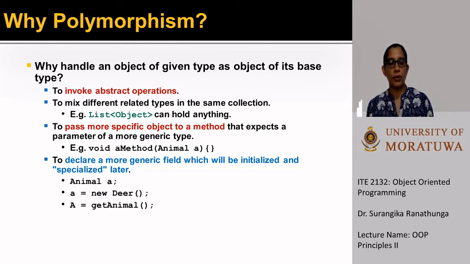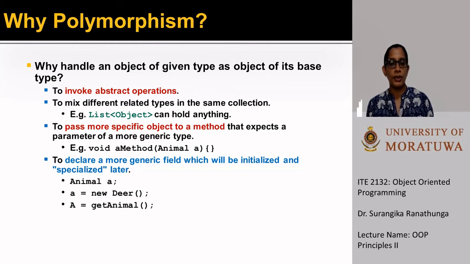The last one we already used: to declare a more generic field, which will be initialized and specialized later. Here our more generic field is A, which corresponds to the more general class Animal, and this A later, depending on the rest of the logic, can be assigned to a Deer object.